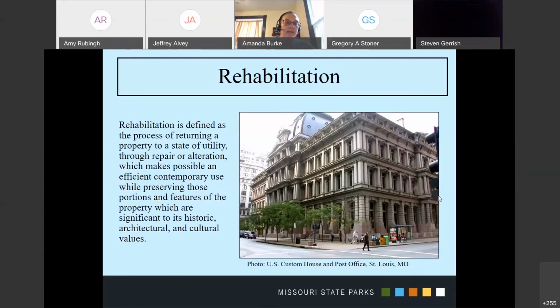And by in kind, that means replacement with the same material, dimension, size. All of the measurements are the same as the existing materials. And so it's just an in-kind replacement is what we call that.